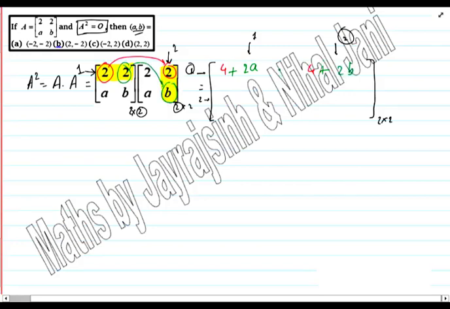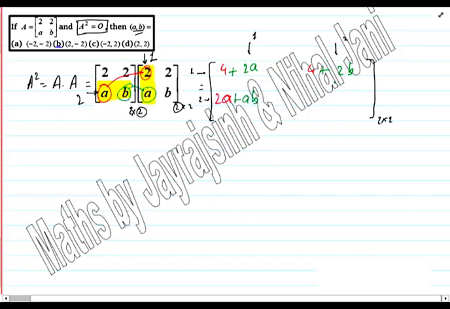Okay, now move to the second row. First element is in second row and first column, so here we select second row and first column. Now it's time to multiply the corresponding terms. 2a and ab, right?